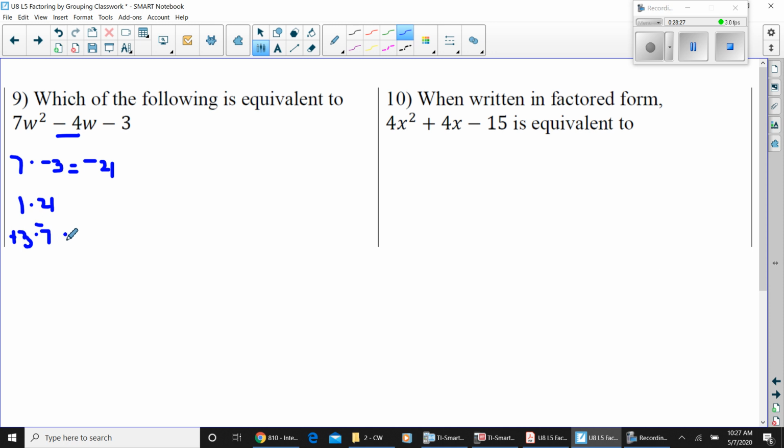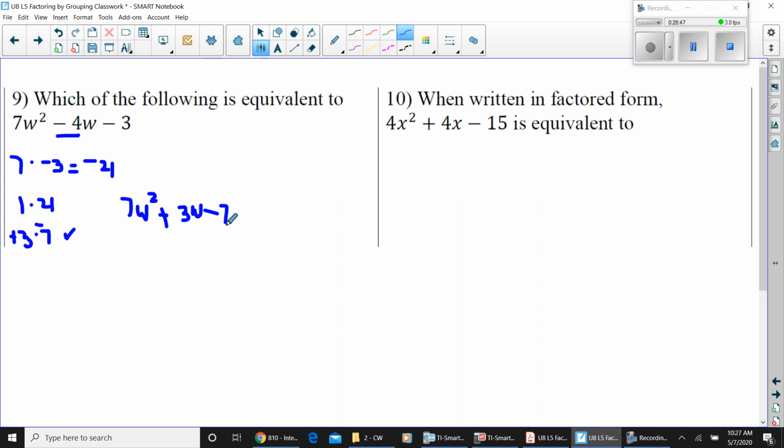So I found my factors, I have them there, and now I'm just going to rewrite 7w squared. Instead of the negative 4w, I'm going to put a positive 3w, and then minus 7w.